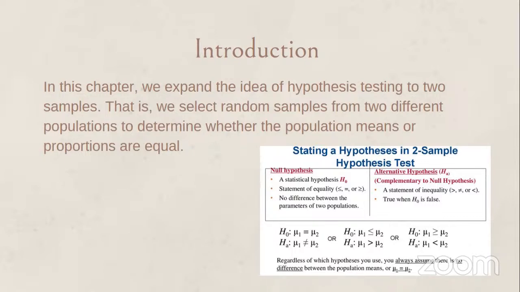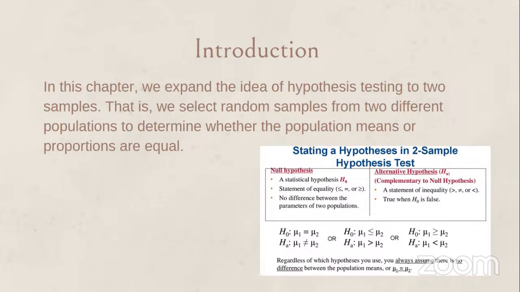When stating a hypothesis in a two sample hypothesis test, the first is the null hypothesis, H0. It is a statistical hypothesis, and a statement of equality: less than or equal to, more than or equal to, and no difference between the parameters of two populations.